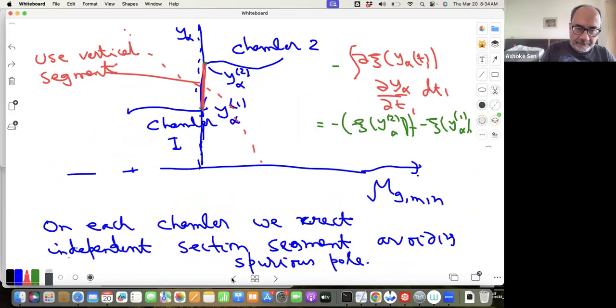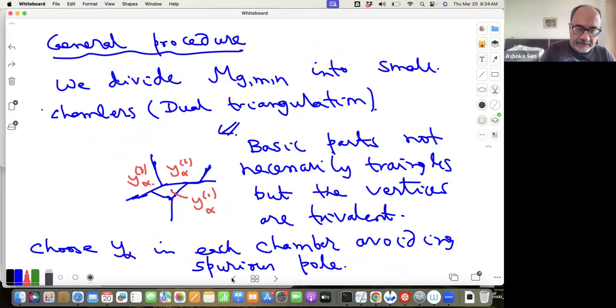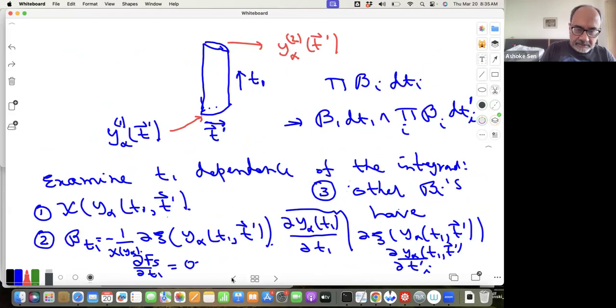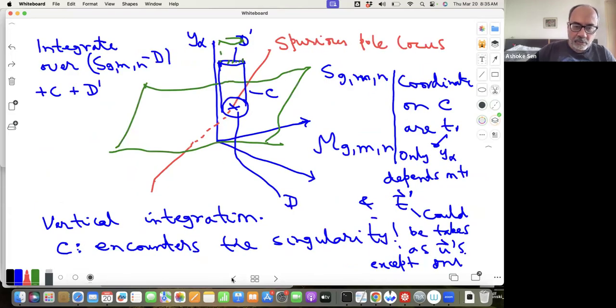They are the 2 chambers where one of them was SGMN minus D, that is the chamber below. And the other one was D prime. And this is a vertical segment that connects the two. So this is the picture that I'm generalizing now.